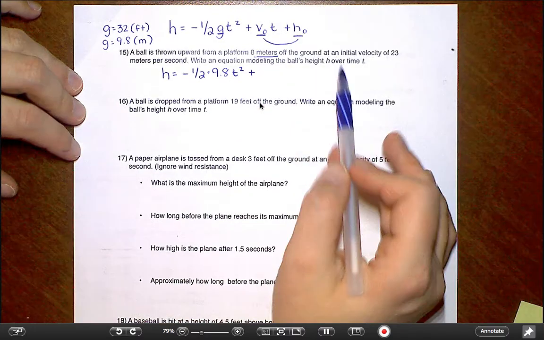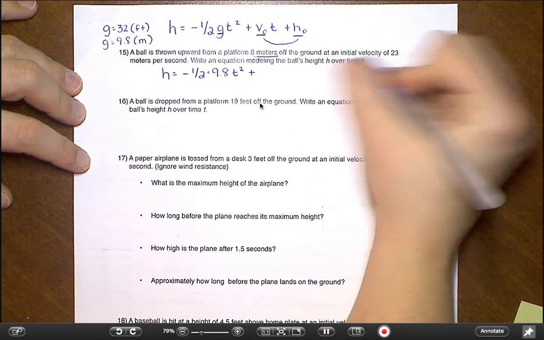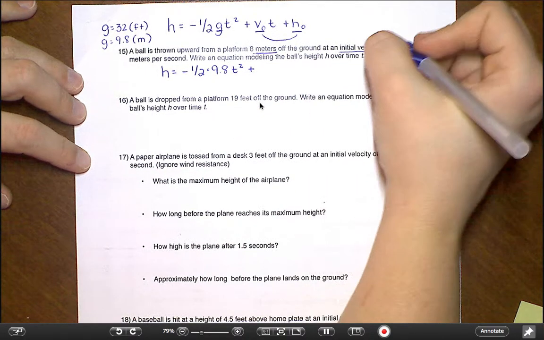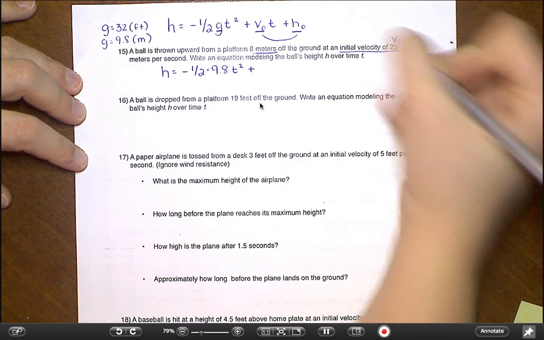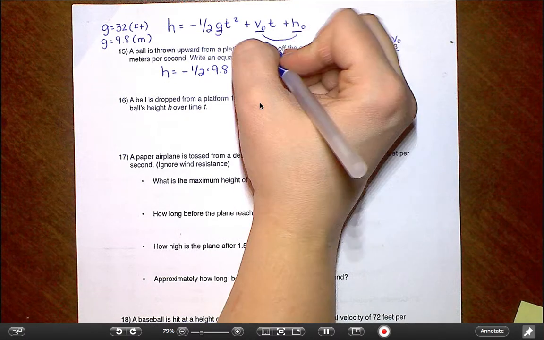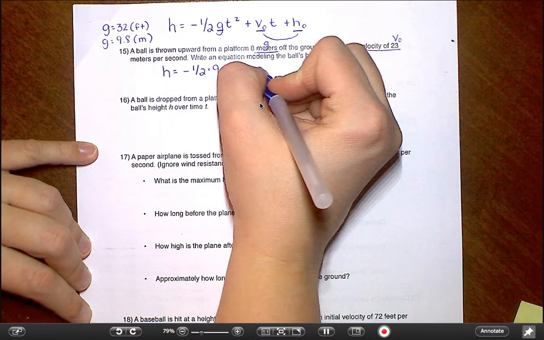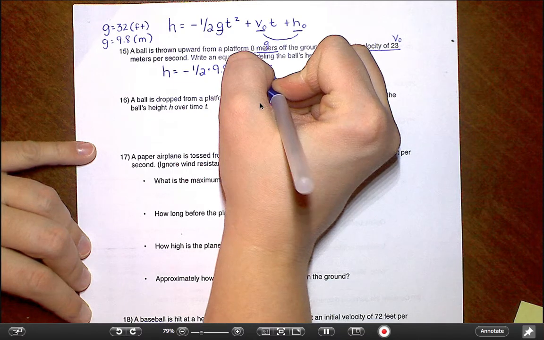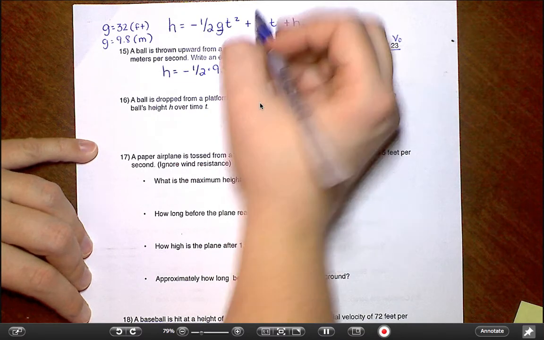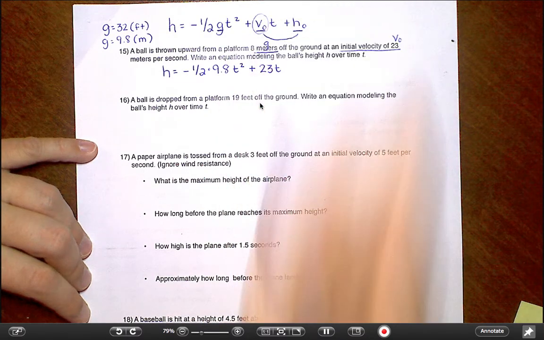My initial velocity is given to me here, okay? Initial velocity of 23 meters per second, so that's v sub 0. This is where I got my G from. Velocity would be 23, and notice when I put the 23 in, it just becomes a 23t, like the 23 takes the place of this whole thing.